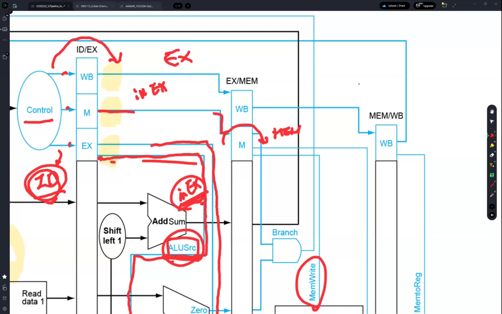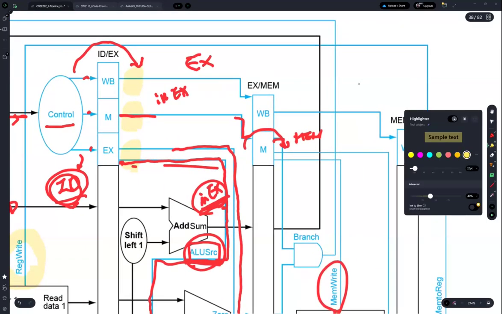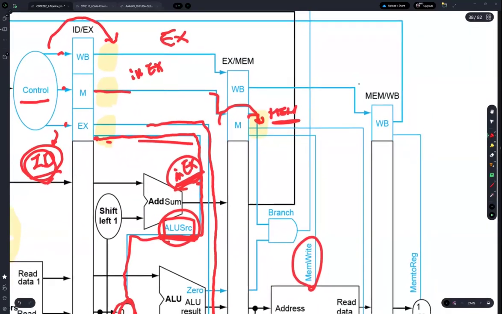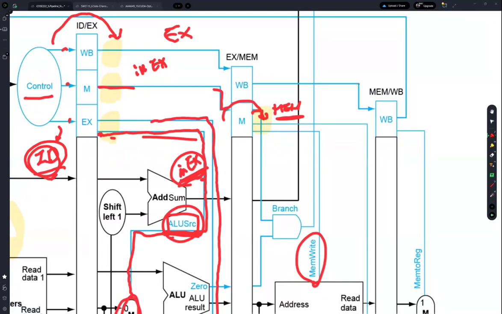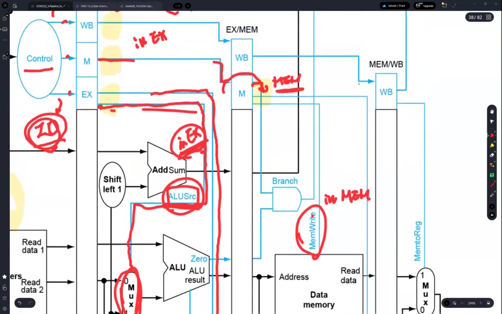These are the control signals in the memory stage. So the mem write is in the memory stage, so we use the mem write in the memory stage. Also, mem read in the memory stage.